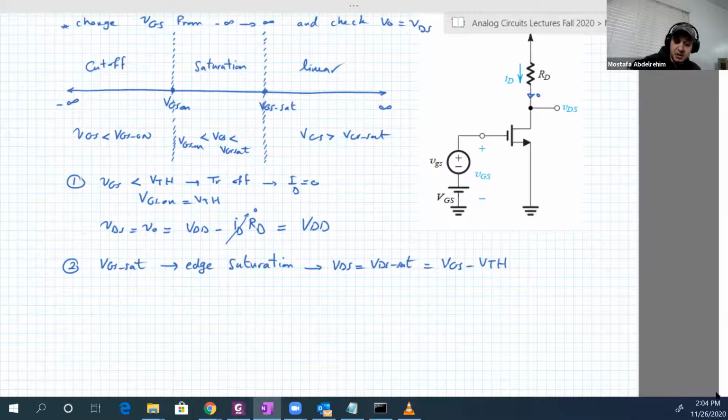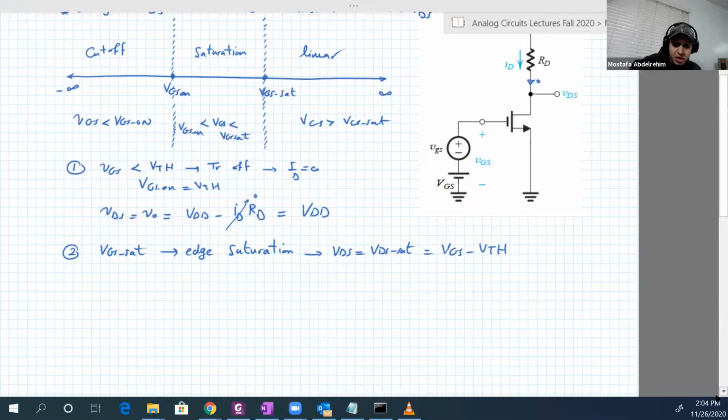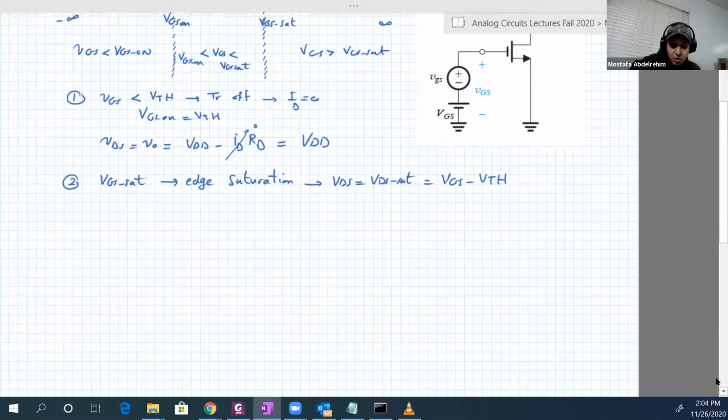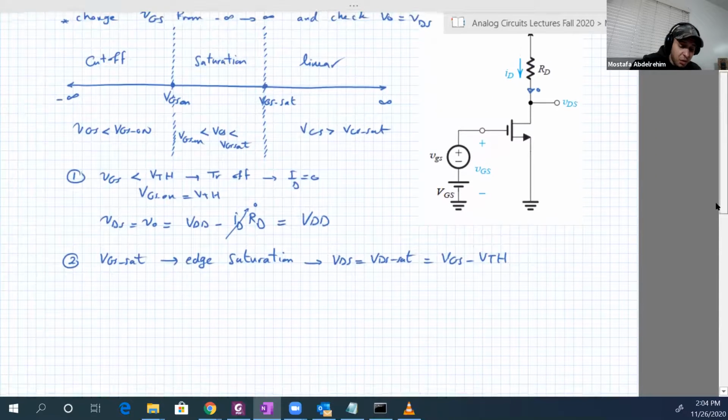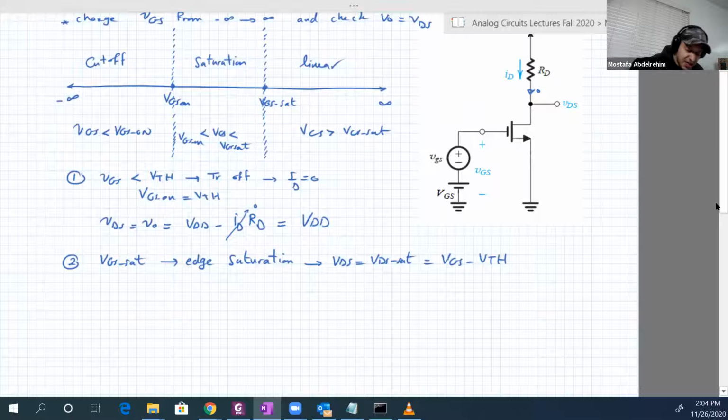So let's determine it. In the lab yesterday, we just wrote an equation, but we didn't know where this equation came from. We will see now. Since we are at the edge of saturation, we still belong to saturation, so ID, and remember, since we are changing VGS, there is an AC and DC part in general.